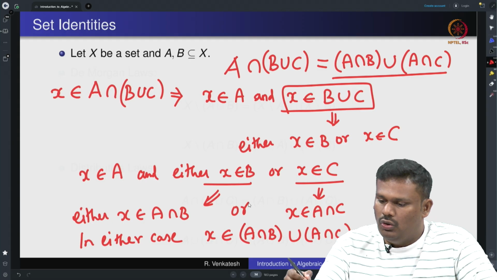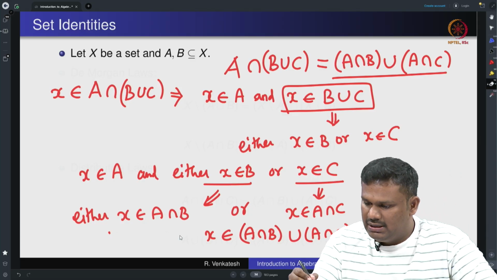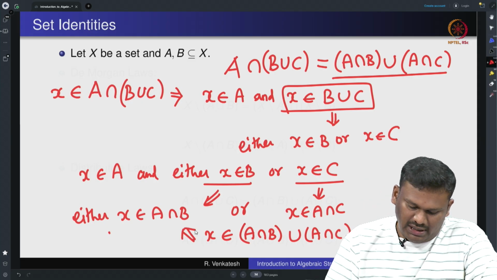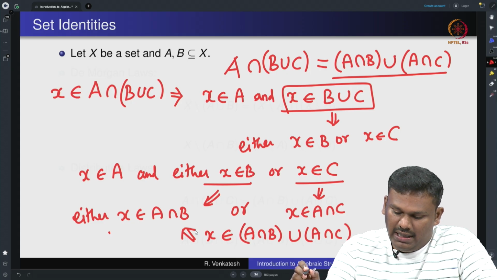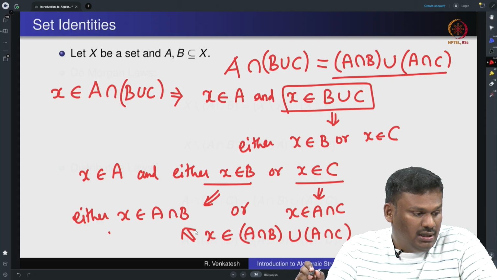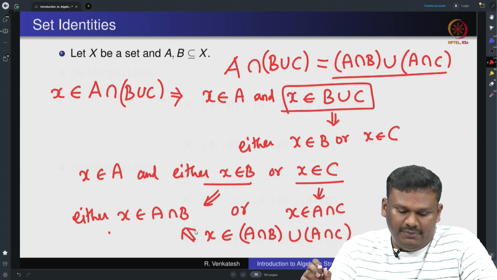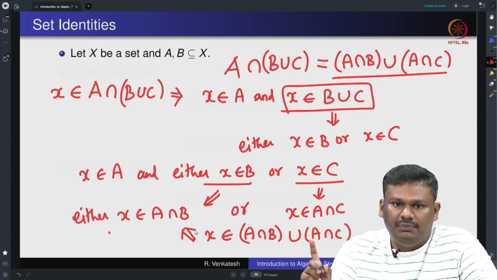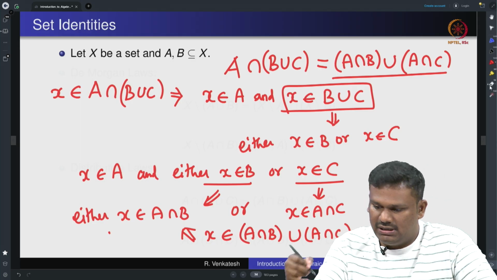Okay. In more mathematical terms, we can write it like this. So, x is in A intersection B union A intersection C implies either x is in A intersection B or x is in A intersection C. But that means x is in A for sure and either x is in B or x is in C. So, that means I can actually reverse these arrows.